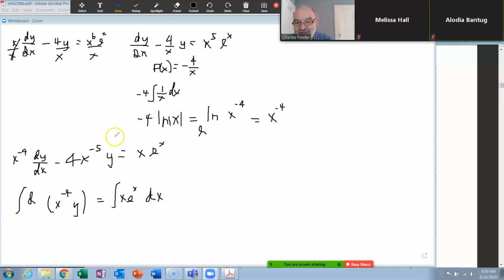Just like the exponential function and the log function were inverse functions of each other, so are integrals and derivatives inverse operations of each other. Okay? So when you take the integral of a perfect derivative, you just get what's inside. X to the minus 4th.